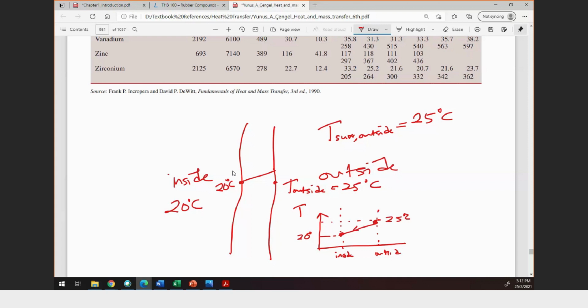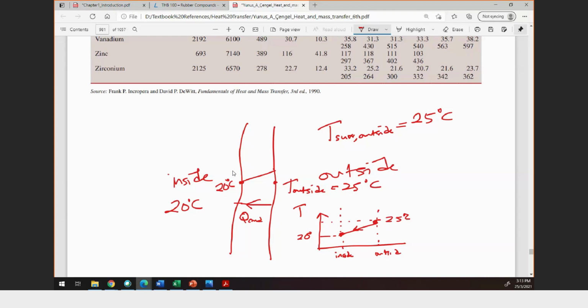Since the temperature outside is a bit higher than the inside, of course there will be an effect. Here you need to consider heat transfer by conduction. The inside will receive heat from the outside if the outside has a higher temperature. But if the outside is at a lower temperature than the inside, the heat from the inside goes outside. So it depends on which temperature has a higher value.